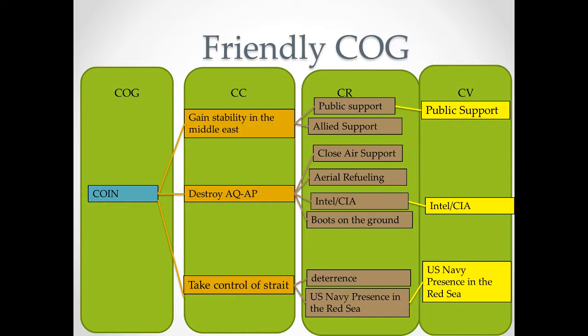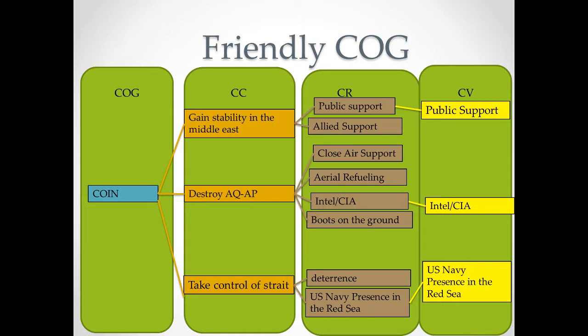That leads us to our critical vulnerabilities. Basically, a critical vulnerability is one of your critical requirements. Which critical requirement are you going to target in order to cause a chain reaction all the way back to the center of gravity? For this one, we chose Intel, so Intel is a critical vulnerability.